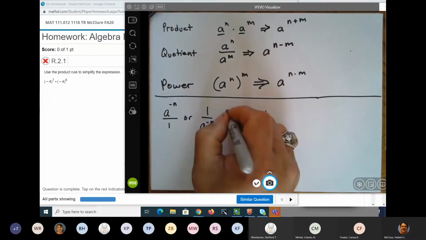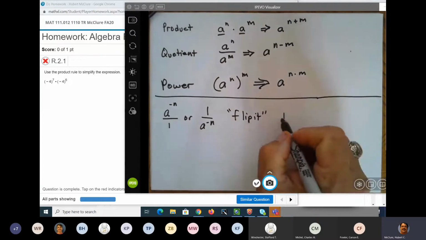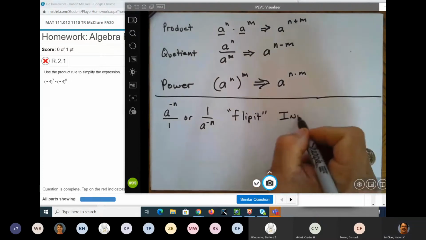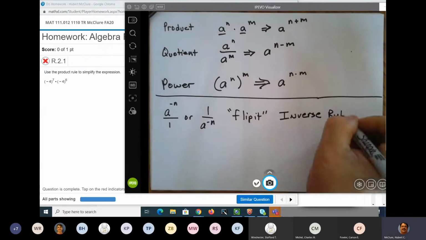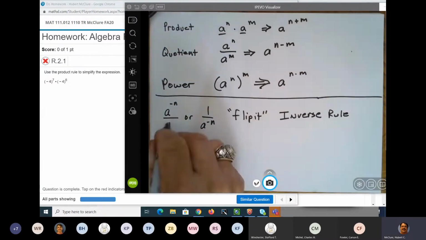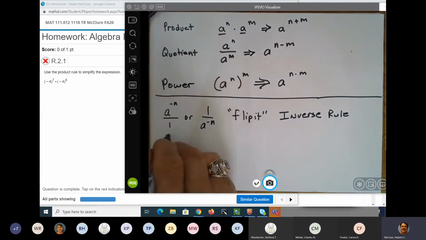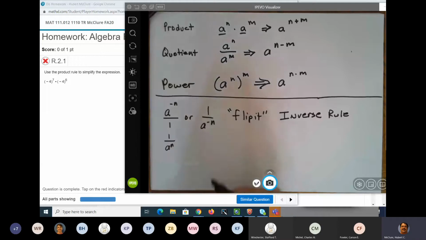Flip it. And that's called the inverse rule. So if I flip this one, it becomes 1 over a to the n. If I flip this one, it becomes a to the n over 1, or a to the n. And that's called the inverse rule.